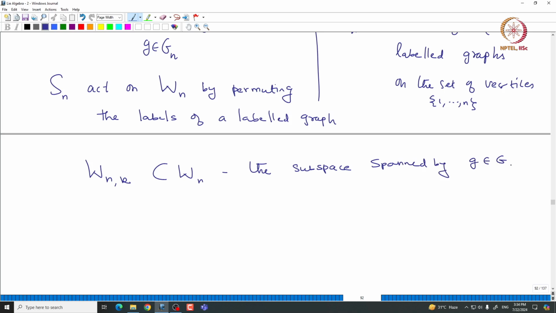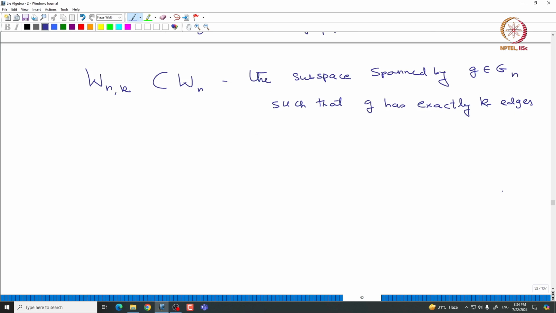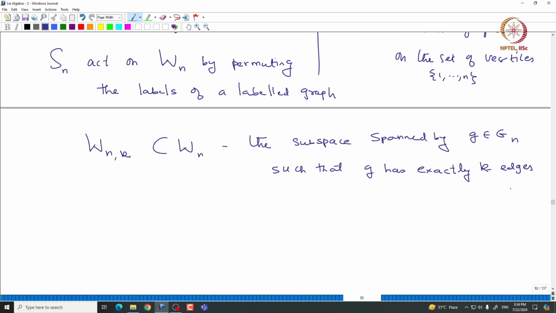Now this symmetric group is acting on Wn, and it also acts on this Wnk.